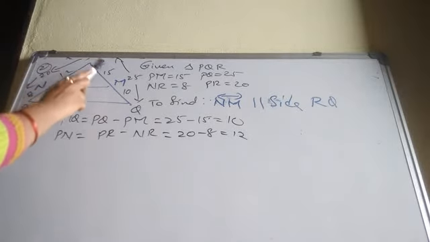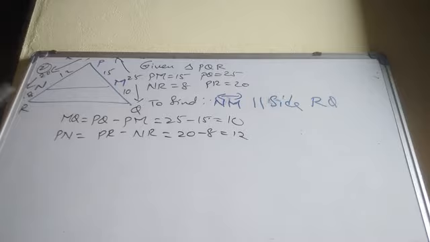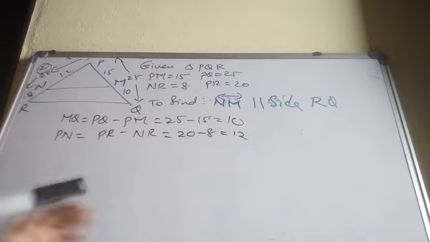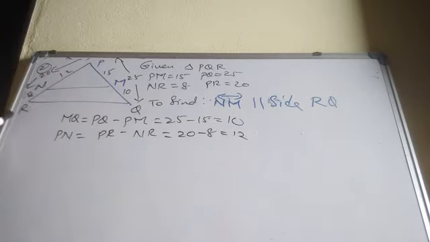In triangle PQR, because at the start I took Q on the left side and R on the right side, you have to keep the textbook in front of you. In triangle PQR, PQ is 25, PM is 15 and PR is 20, NR is 8.